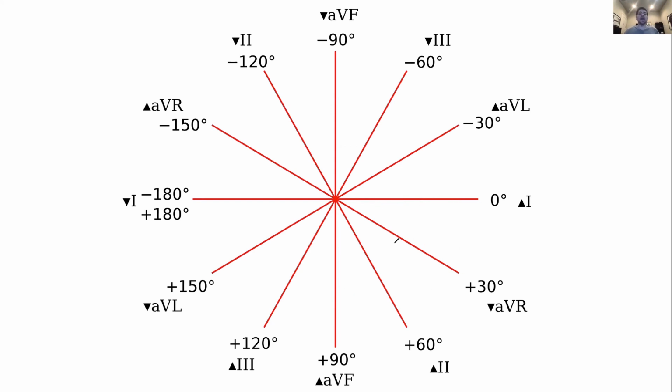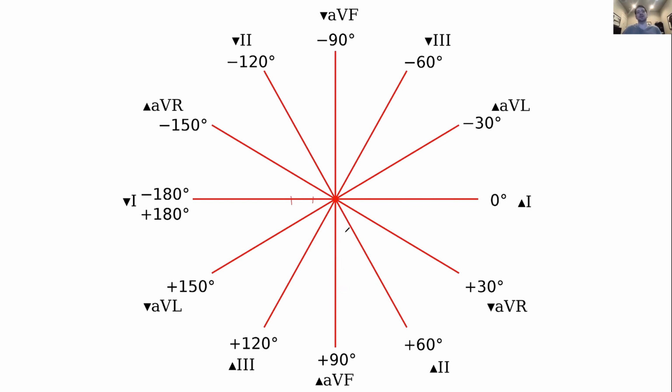Let's say they give you a negative lead 1 and a positive AVF. Let's say -2 on lead 1, so we go here, 1, 2. These lines are arbitrary, but as long as you do them the same on each line, you should be fine.